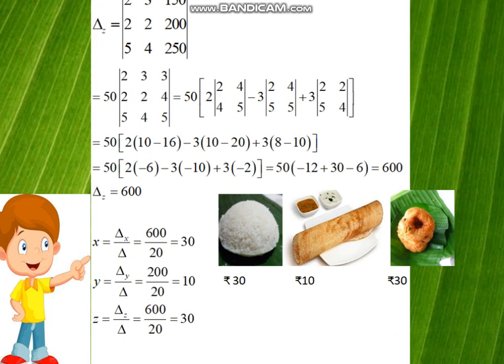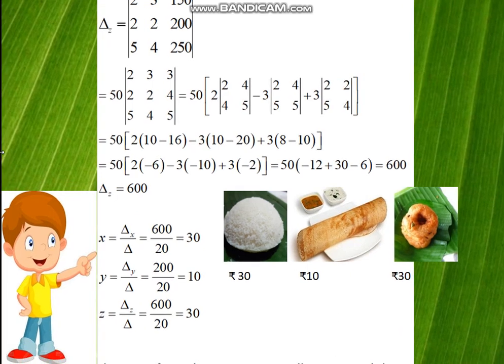Now we have to find each value of x, y, z using Cramer's rule. That is delta x by delta for x, delta y by delta for y, and delta z by delta for z. For x it is 600 by 20, that is equal to 30. Y is equal to 200 by 20, that is equal to 10.